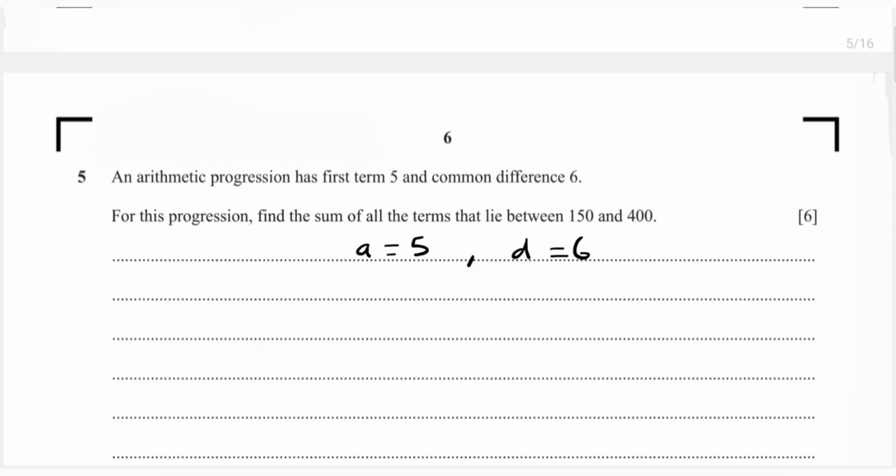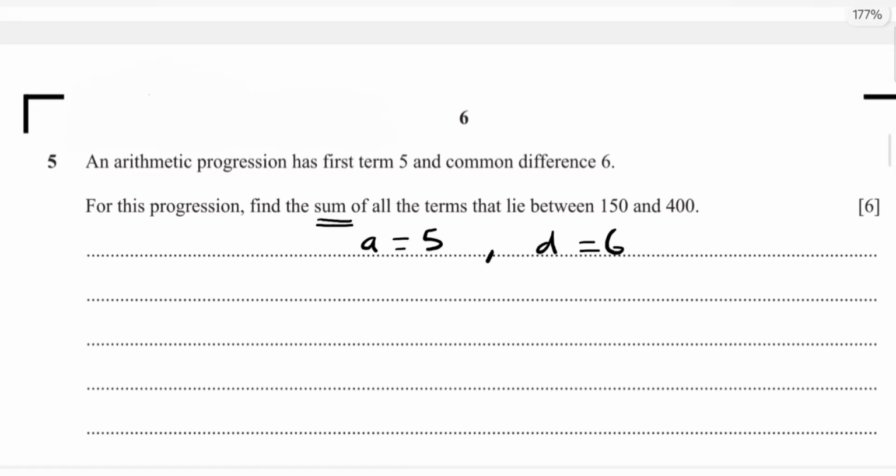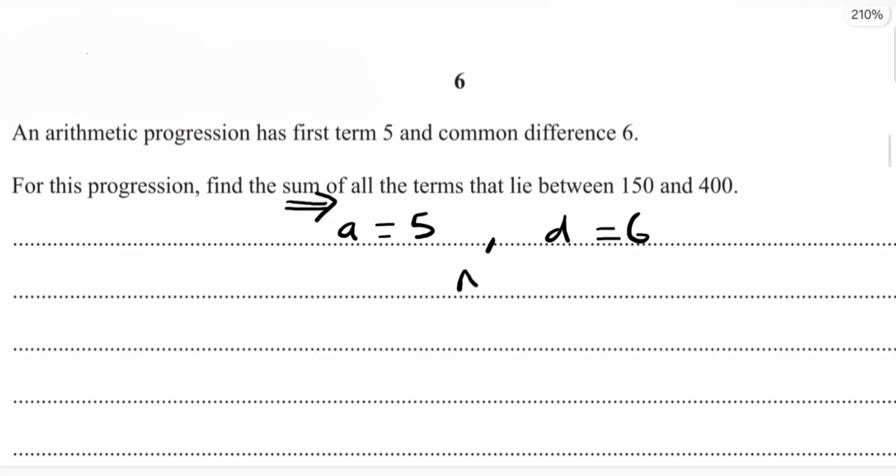So we can see that this question is 6 marks, so we're going to work it out in stages, right? And we can also see that we're going to be dealing with sum, right? And for us to be able to get the sums, we need n values, right?